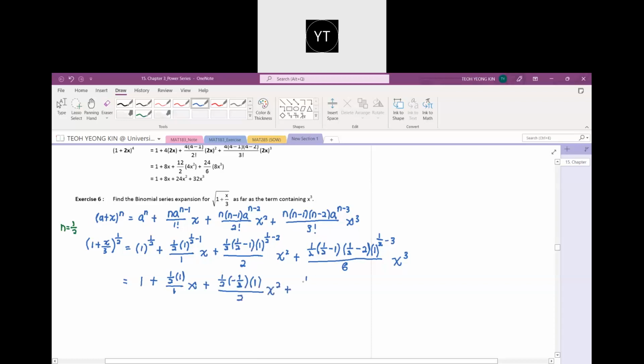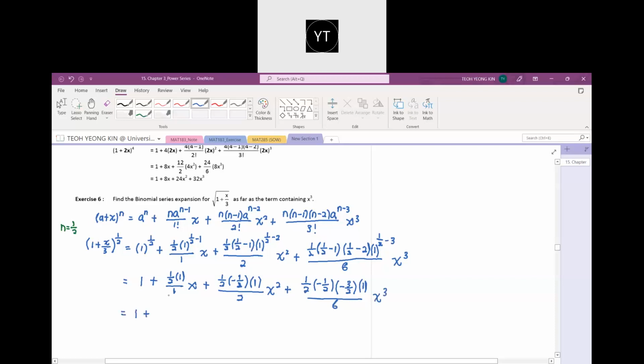Plus 1 over 2 times negative 1 over 2 times (1 over 2 minus 2, which is negative 3 over 2), 1 to any power is 1, over 6, and then x cubed.